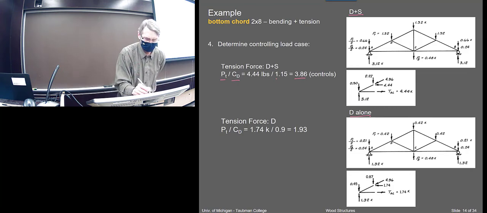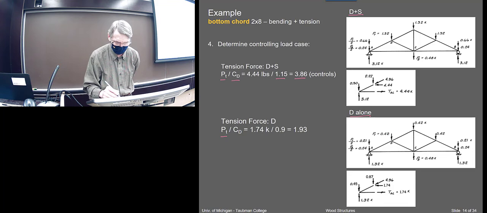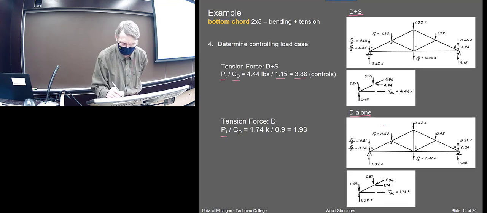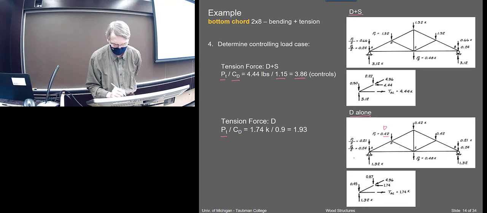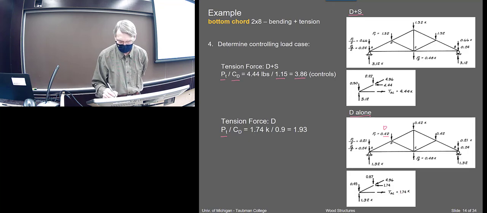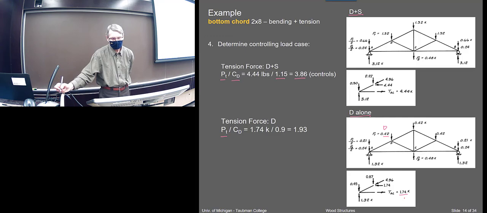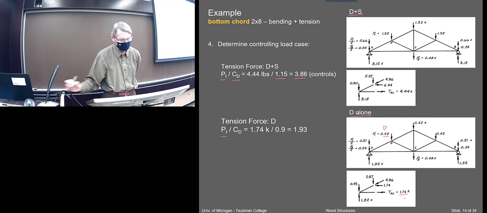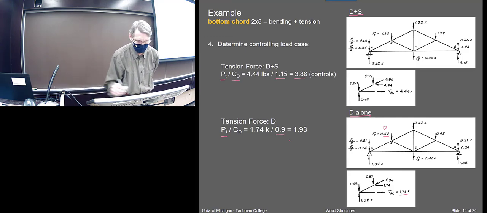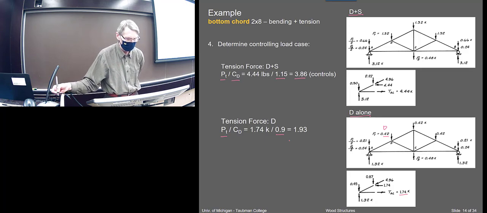So here the CD for the snow is 1.15. If I take the PT without the snow on there, I leave the snow off. This is dead load alone. So I just reworked the whole thing for dead load alone. And of course, the tensile force is quite a bit less, but my CD for the dead load is less.